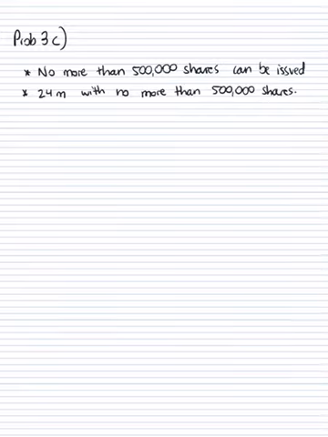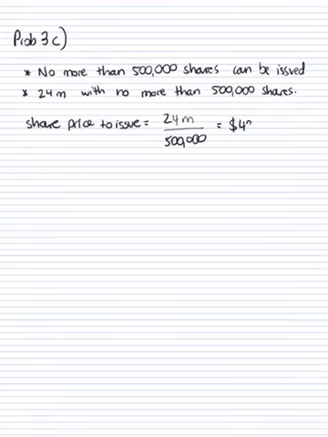one possibility is that the share price to issue will be 24 million divided by 500,000. And that equals $48.